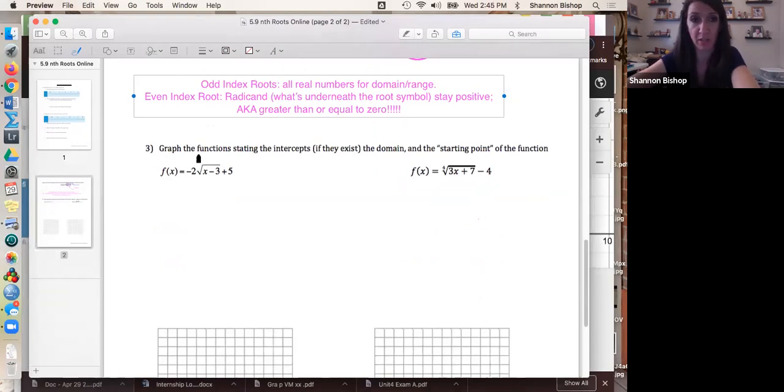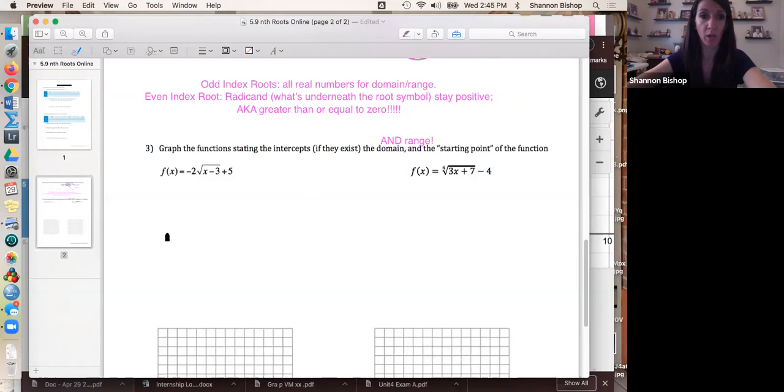Number 3 says graph the functions by stating the intercepts, if they exist. Tell me the domain. That should also say and range. Sorry, typo. Let's add that in, please. Domain and range, as well as the starting point of the function.